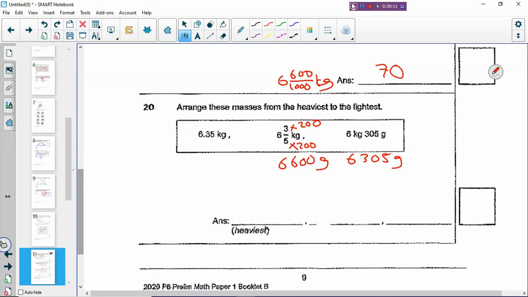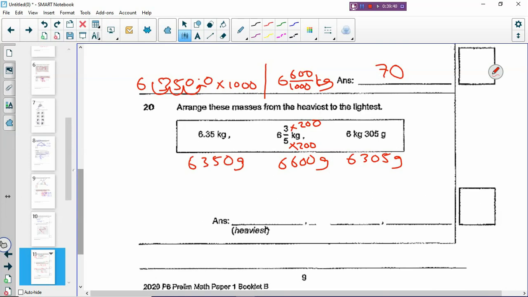And then the 6.35 kilogram, you have to multiply by 1,000, because 1 kilogram is 1,000, so you have to shift the decimal point to the right. 1, 2, 3 times, because there are 3 zeros in 1,000. And put a 0 in the blank space and the decimal point above the arrowhead, and then the 0. So 6350.0 or 6350 grams.